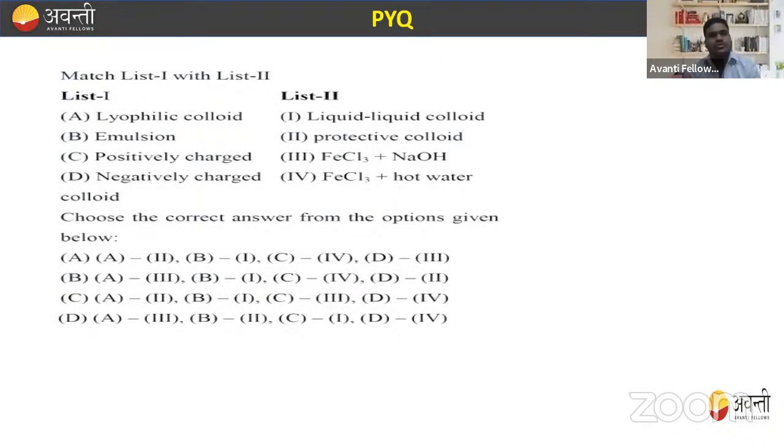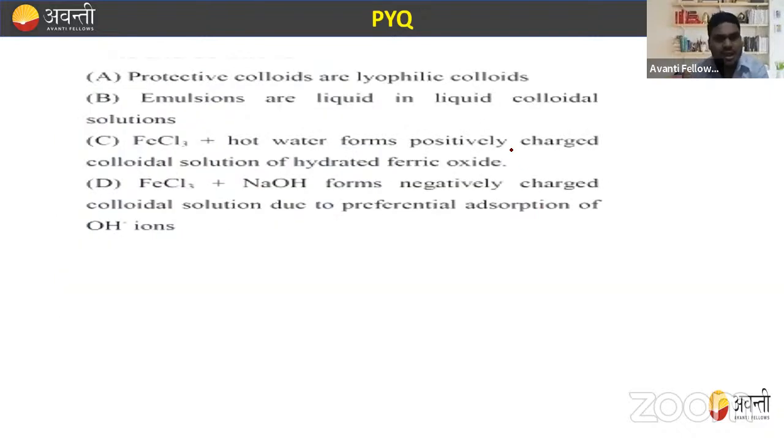Now, in the next question, a match the list one with list two type of question. In list one, there are lyophilic colloid, emulsion, positively charged and negatively charged. In list two, liquid in liquid colloid, protective colloid, FeCl3 plus NaOH and FeCl3 plus hot water. You have to choose the correct one. We know that protective colloids are lyophilic colloids.